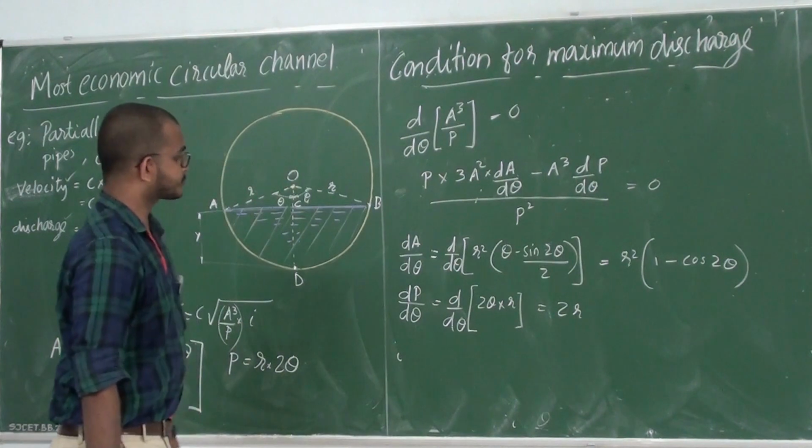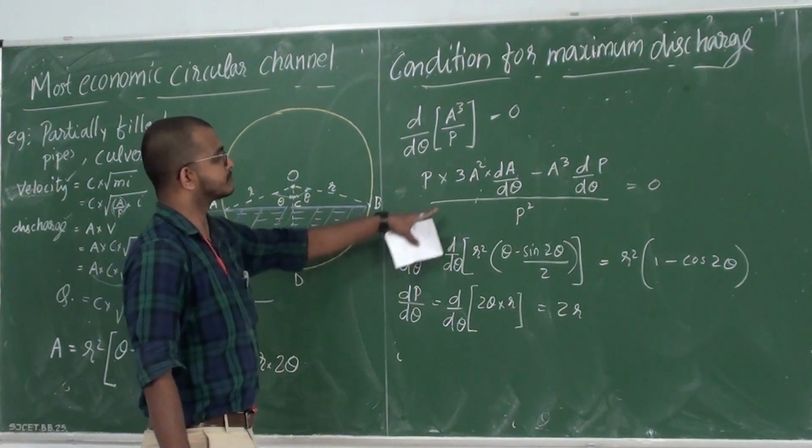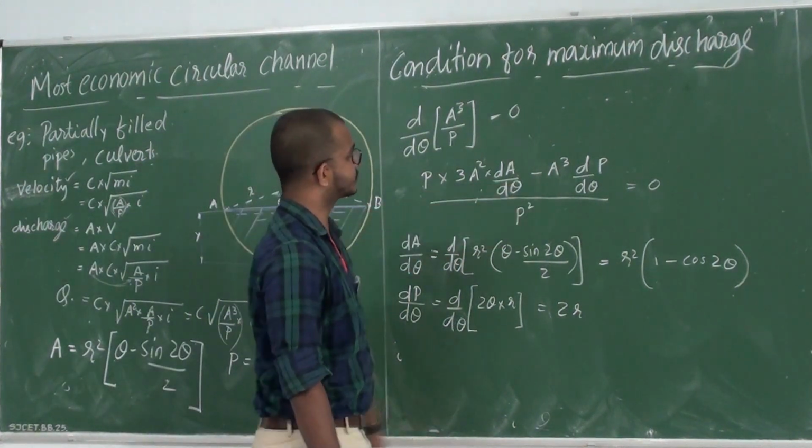Now substitute dA by d theta, dP by d theta and a square and a cube in this equation.